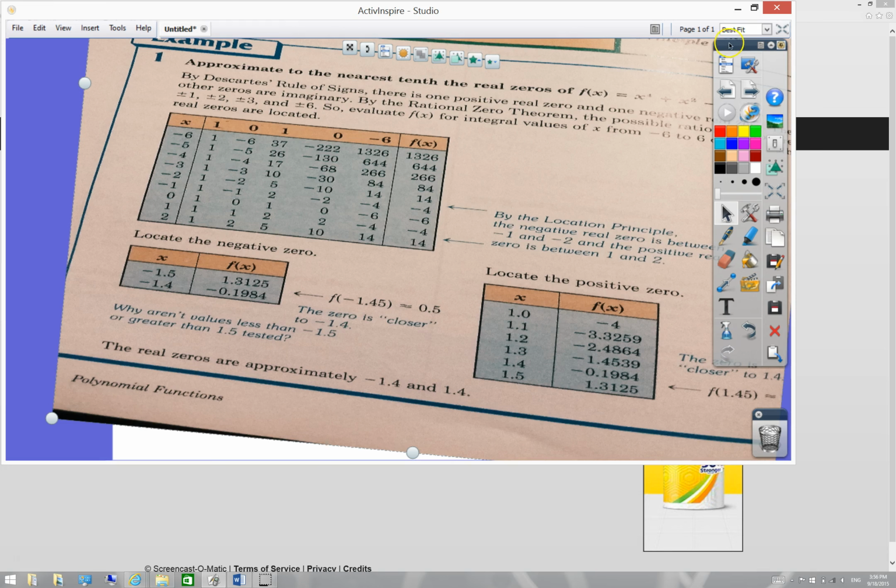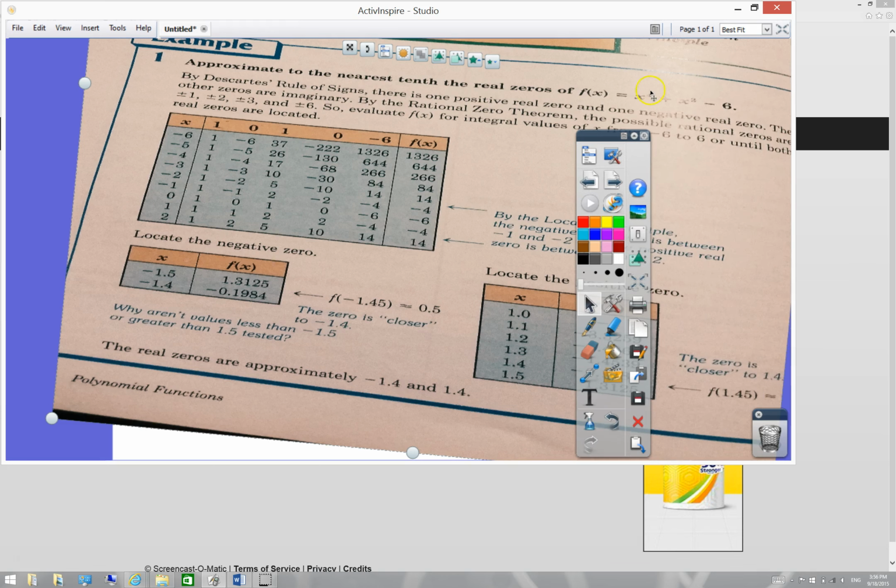Then if you put negative x in the place of x, you count the sign changes. I can't read this very well, but I think that's a 4 and that's a 2, which means when you plug in a negative x, it's not going to change anything. If you raise a negative to an even power, it's still positive.